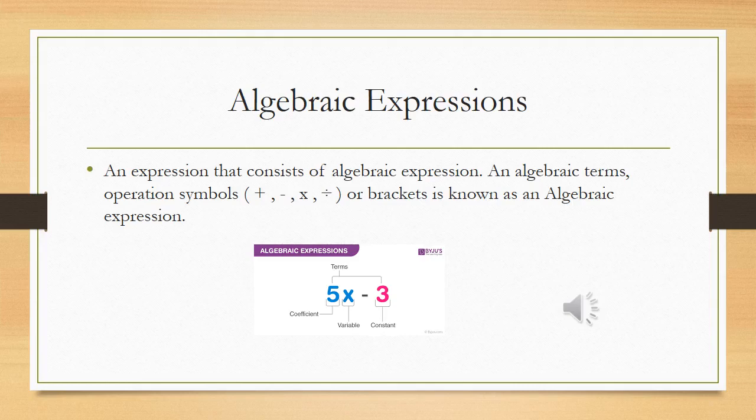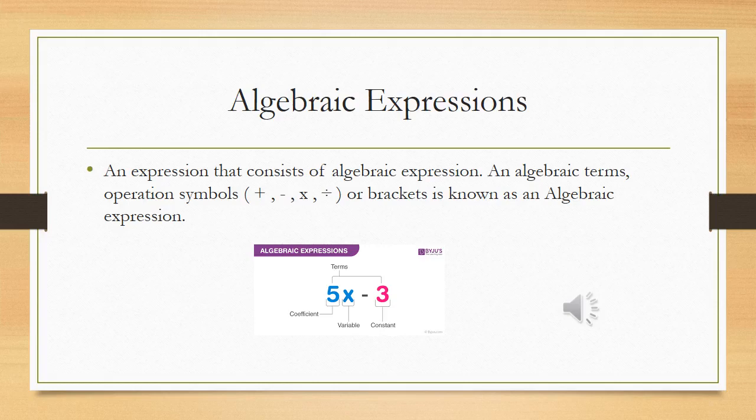In basic terms, I can say that there are two or more words or symbols, and in between there is any of the four operations: plus, minus, multiplication and division, and we have to solve it. That is called an algebraic expression.